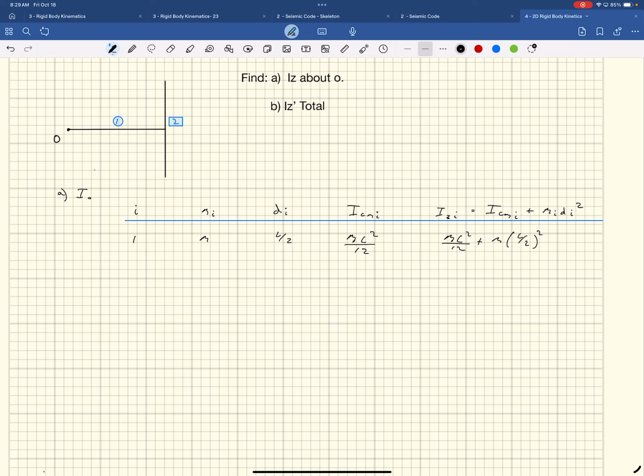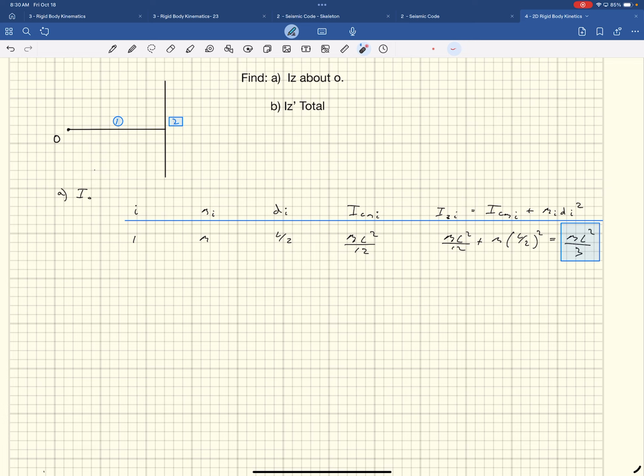This is what we did on the previous page, actually. And so the total here would be ml squared all over 3. That's for the first object, the first object's moment of inertia about O. So it'd be this guy's moment of inertia about the end.